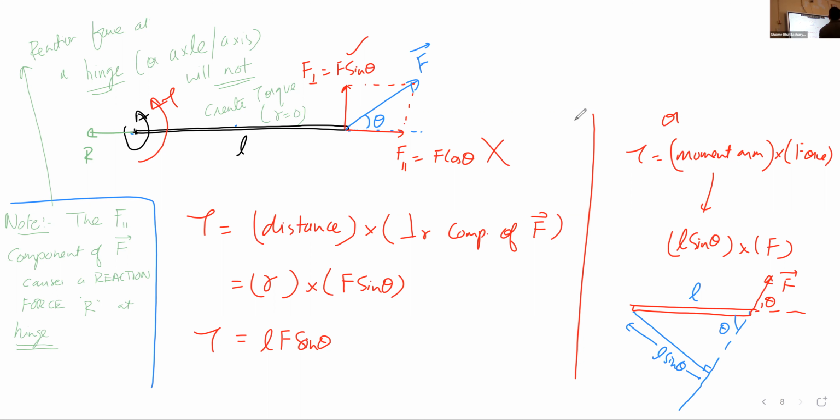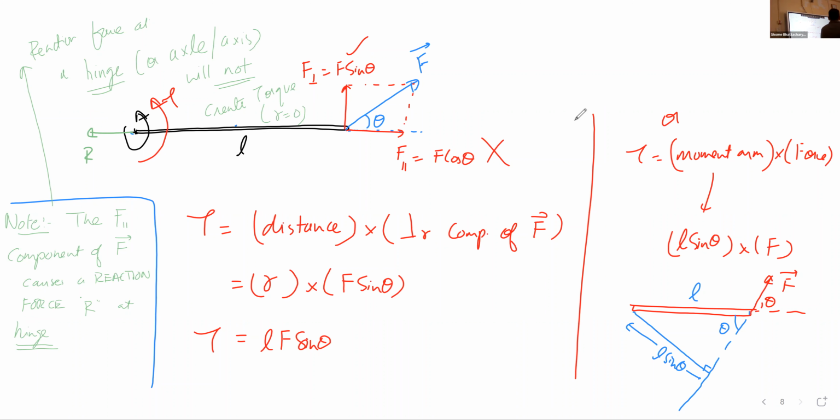If you were to just pull this rod with 100 newtons of force from this side, would it not create a 100 newton reaction force here? Now in addition to this F cos theta, there's an F sin theta also. The F cos theta does the same thing it was doing before. It creates a reaction, but the F sin theta now causes the rotation because it's contributing to torque.